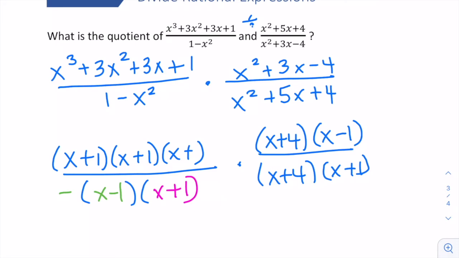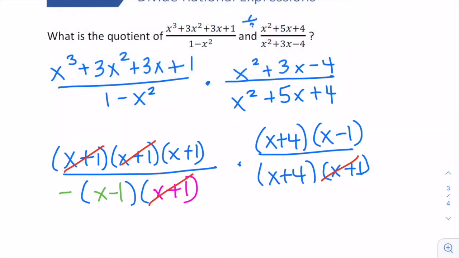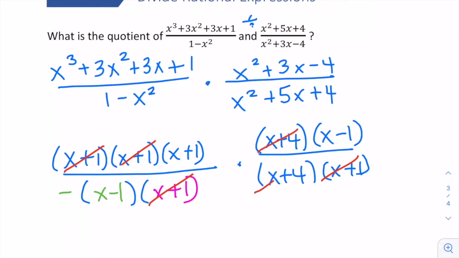All right, so now we're going to cancel terms. So we have an x plus 1, right? We have another x plus 1 over here. We have, I just erased this, was x plus 1. And then we have, what else? Do we have an x plus 4? Yes. And we have an x minus 1.